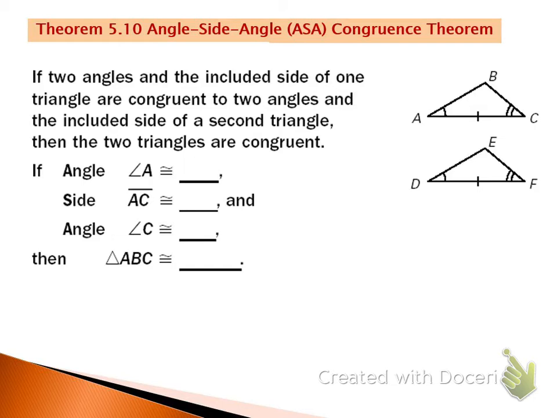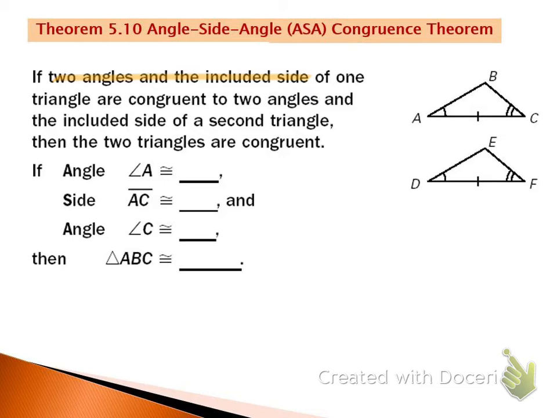Angle side angle. And then you're going to highlight, since we don't have to fill in the blank. So this time, we're looking for two angles and an included side. So go ahead and highlight. We're looking for two angles and an included side.